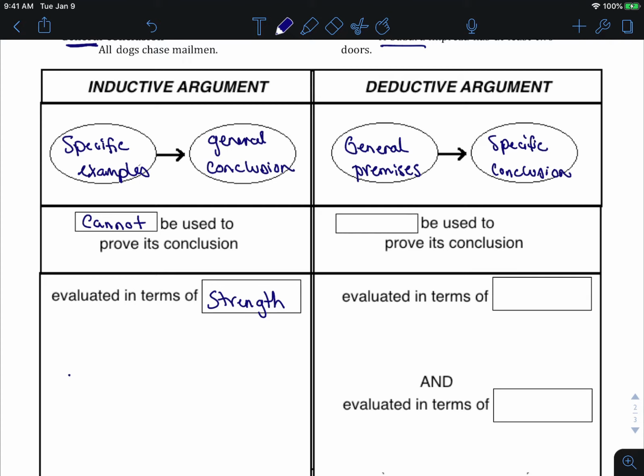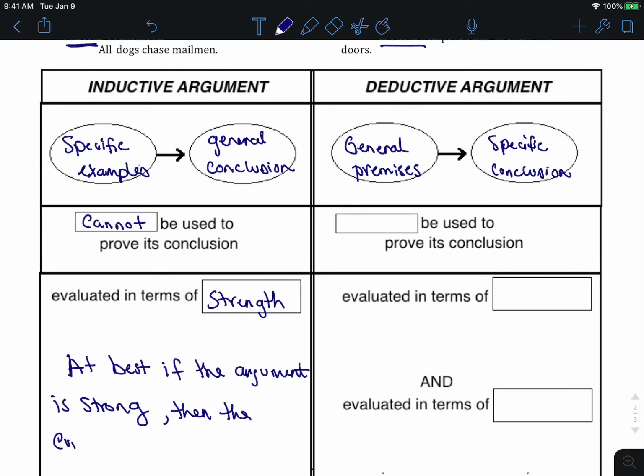So at best, if the argument is strong, then the conclusion may be true. A lot of convincing is going to have to happen.